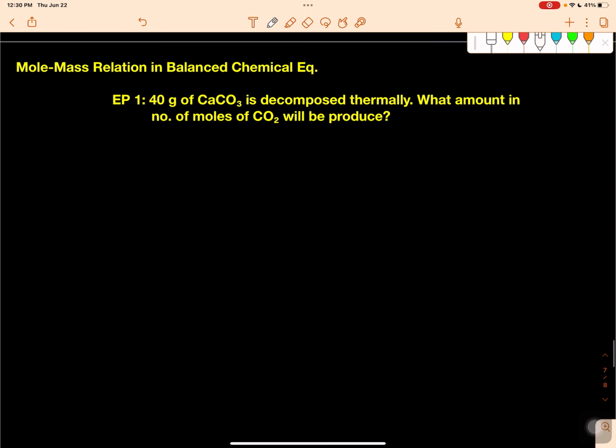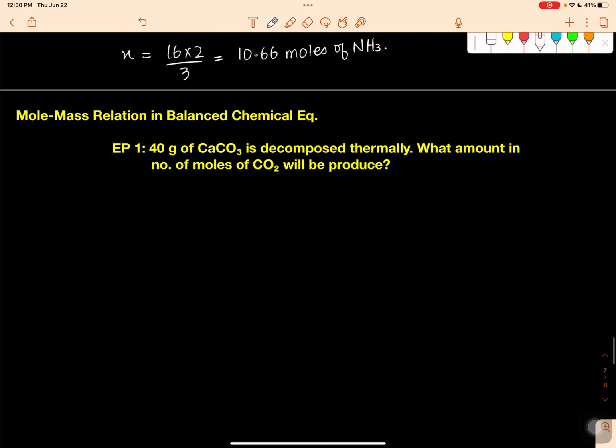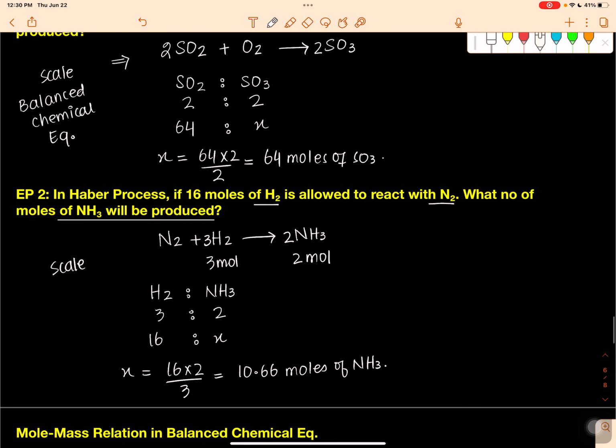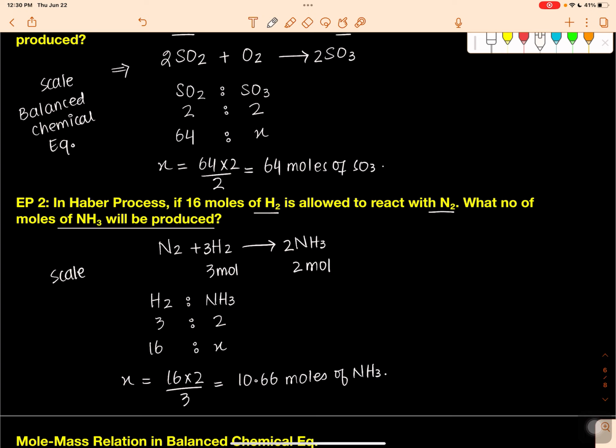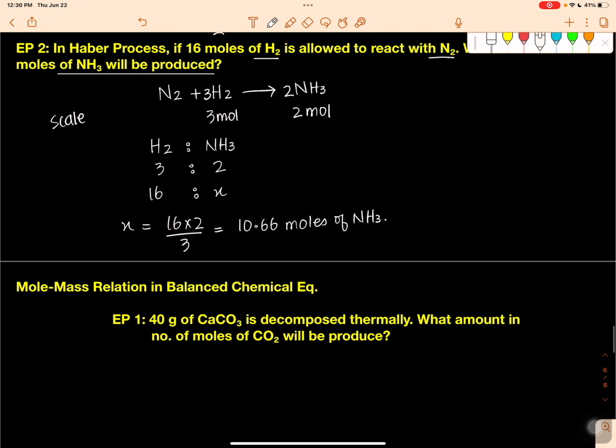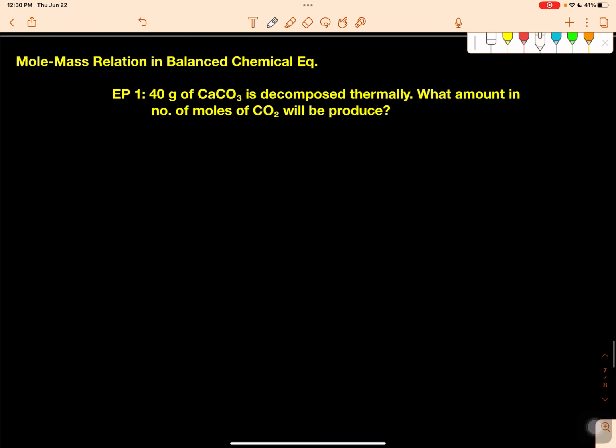Let's look into the mole-mass relationship and the balanced chemical equation. Now we are getting into deeper stuff. That was a bit surface stuff, a very direct and simple approach. But in real life, we are not dealing with direct approaches. There are many hidden things that we need to look into.